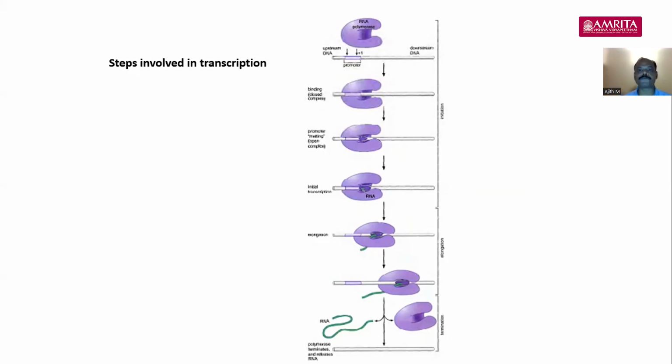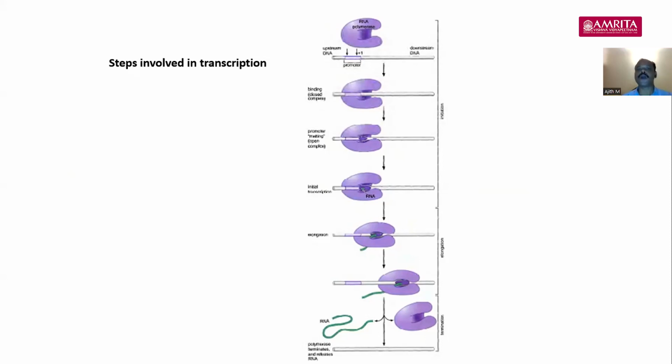Amongst these 3 steps, the first step is very, very important, because I told you what differentiates a nerve cell from a nephron. It is the differential switching on and switching off of genes. So it has to be timed properly. If it is not timed properly, then the development doesn't happen properly.